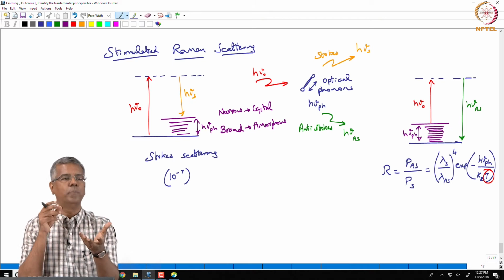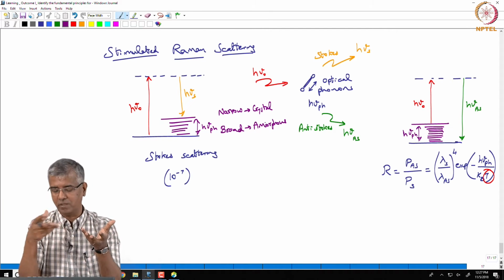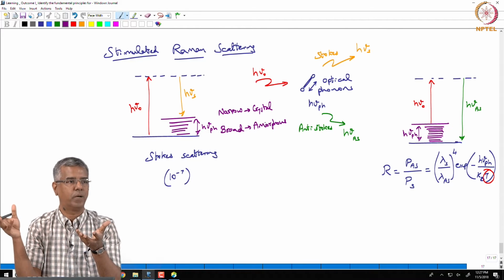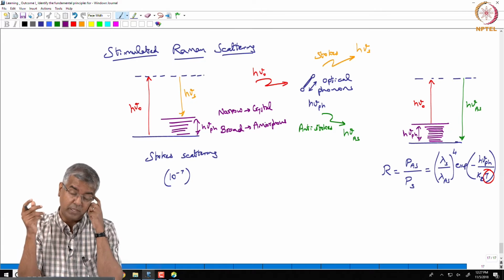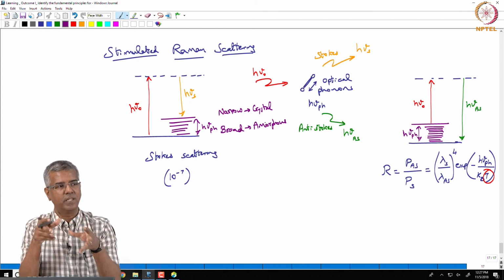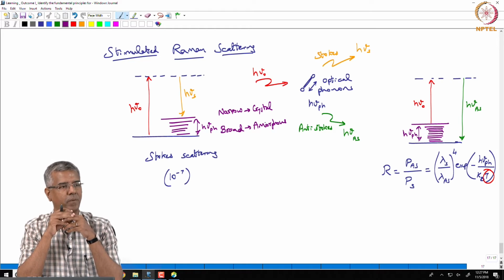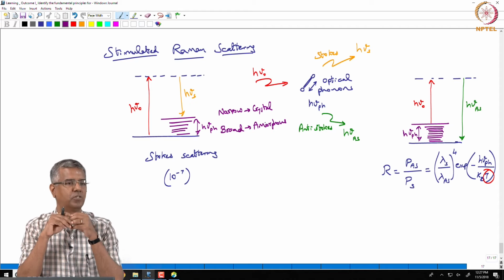You give it an unknown medium, and let us say it is a transparent medium, because if it is not transparent, light is not propagating very far. Let us say it is a transparent medium, and you are asked to tell what are the constituents of the medium, what are the different things that are happening in the medium. The main thing you do is Raman spectroscopy. This is what is called Raman spectroscopy.